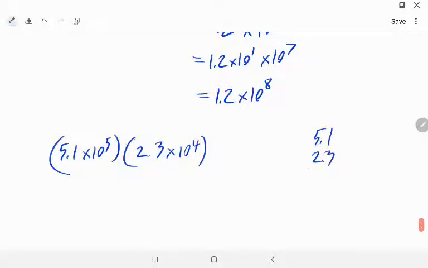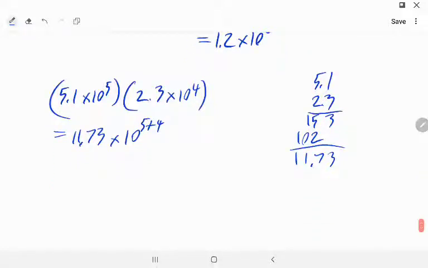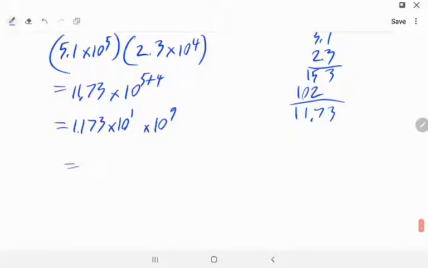We multiply normally, and get 11.73. So we get 11.73 times 10 to the 5 plus 4, but again, we think of that as being 1.173 times 10 to the 1st times 10 to the 9th, and so that winds up being 1.173 times 10 to the 10th.